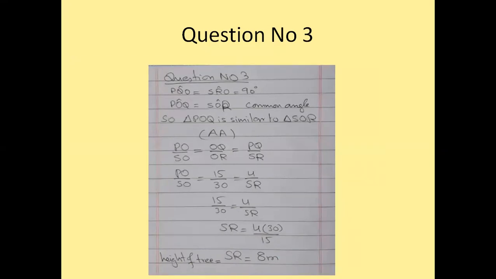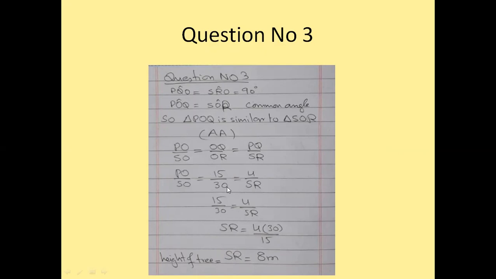Because both the triangles are similar, I can take the ratio of the corresponding sides. For example, PO divided by SO equals OQ divided by OR equals PQ divided by SR. I know the values of some of them. PO by SO, I don't know their values.